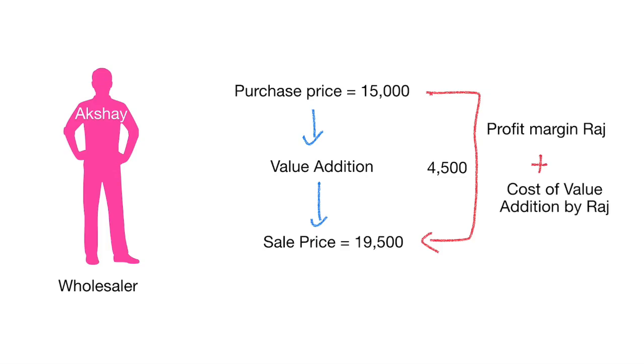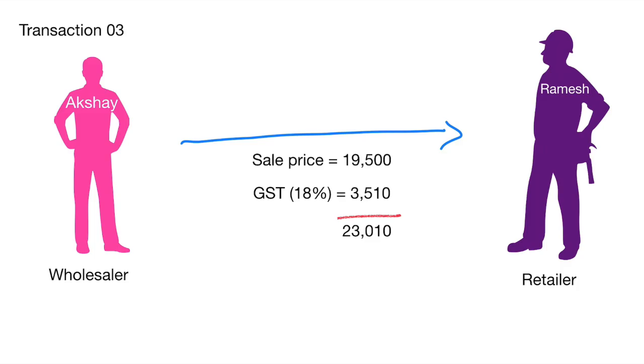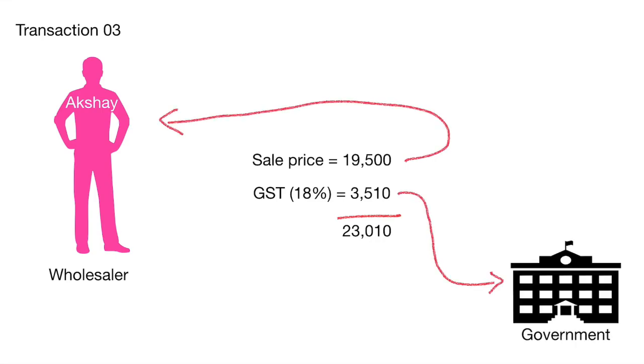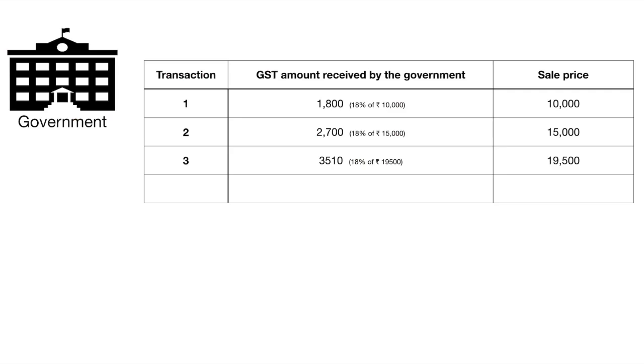Now again, this being a sale transaction, GST is applicable at 18%. So the sale price would be 19,500 plus 18% GST, which is 3,510. That is 23,010 rupees. Again, Akshay, after receiving his payment, will pay the GST portion to the government. So now the government has 3,510 as GST from transaction number 3.